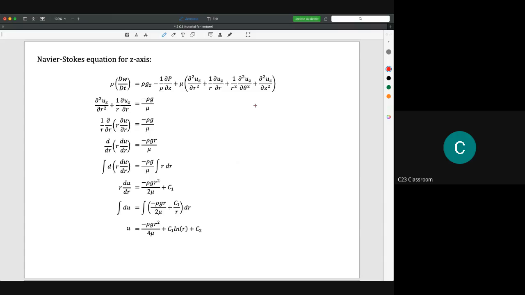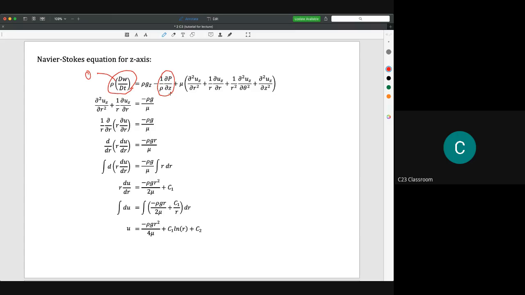The time derivative will equal 0 because we assume it is steady state. The pressure can also be neglected because it is open to atmospheric pressure. We assume the atmospheric pressure is 0 because we are calculating on gauge pressure. So we have a rho gz here, and then again we could simplify all of this.